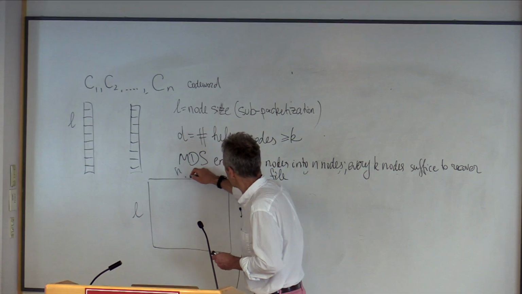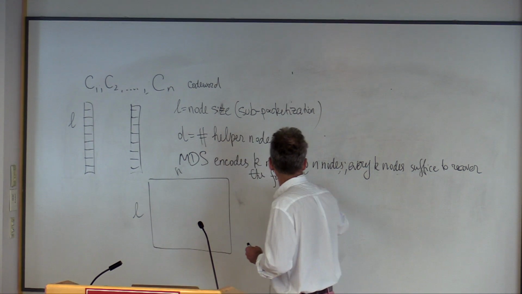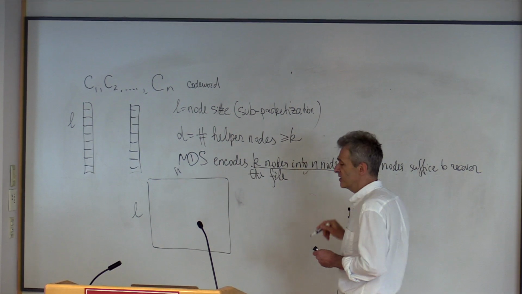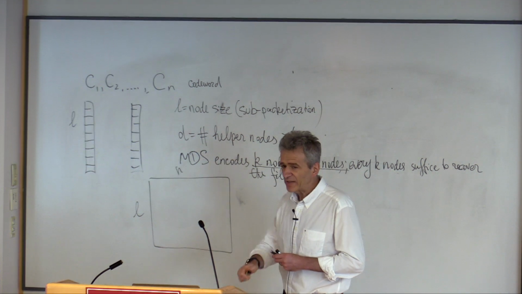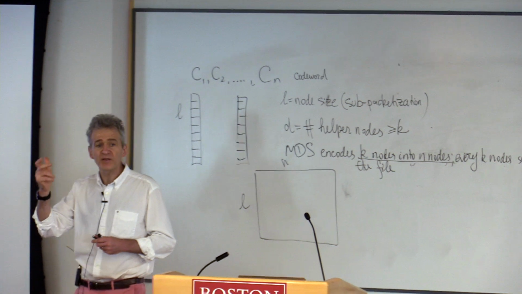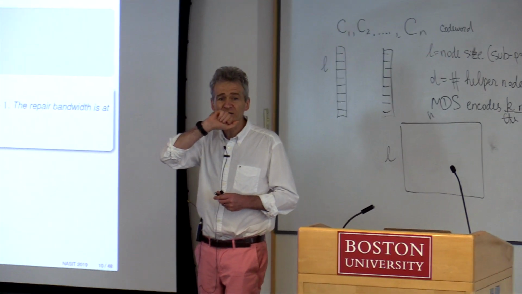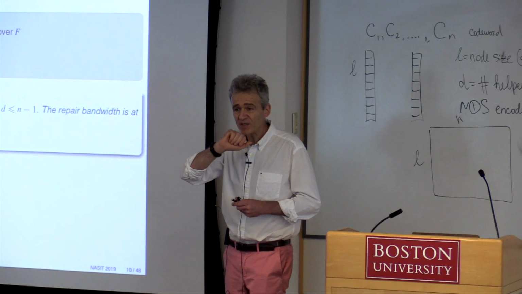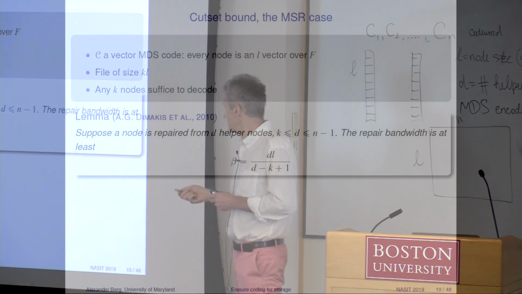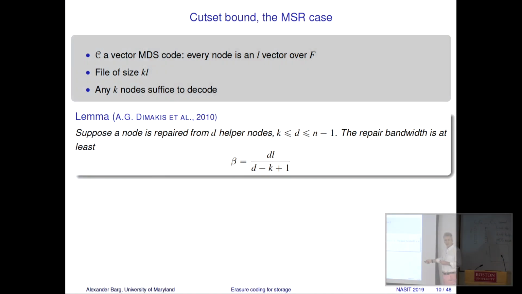L is the number of rows, N is the number of columns, and it encodes k nodes into n nodes. The question is, what is the minimum number of symbols of the field F that need to be transmitted to correct one erasure? The same question in this vector setting. Answer: by contacting d helper nodes, the minimum number is dL divided by d minus k plus 1.